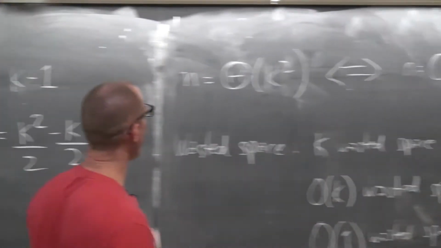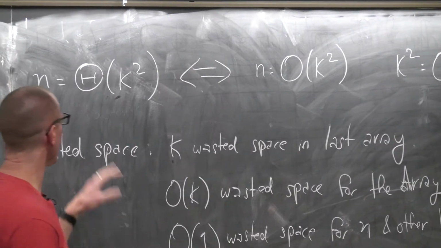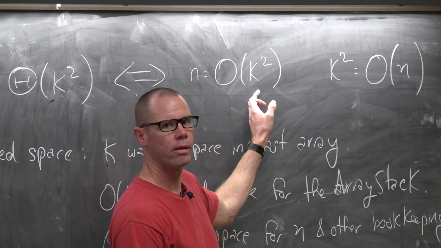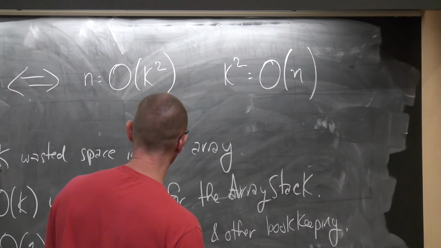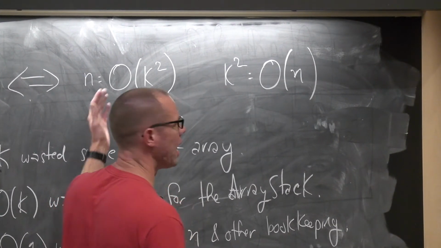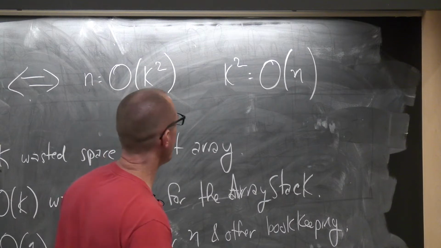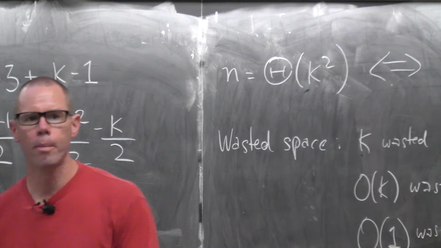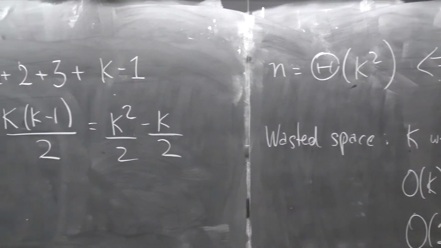So this says n is less than or equal to some constant times k squared. But it's not just less than or equal to, it's actually also bigger than or equal to some other constant times k squared.